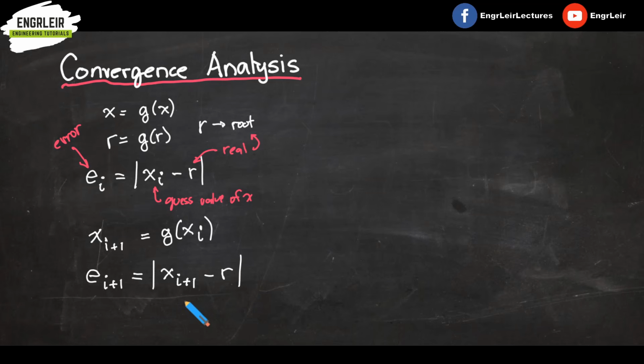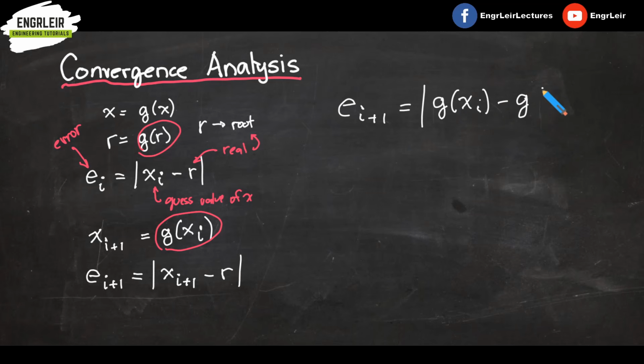But again, nakikita mo, yung x sub i plus 1 is equal dito, at yung r, yung root, is equal sa g of r. So yung error at the next iteration is equal to the absolute value ng g of x sub i minus g of r. Okay. So ito yung error natin nung next error in terms of the functions g of x sub i minus g of r.